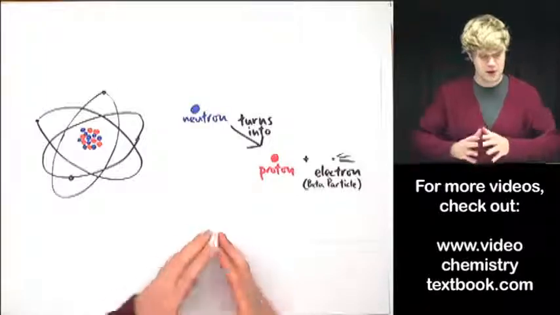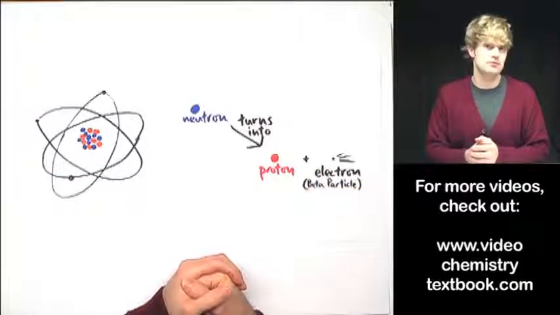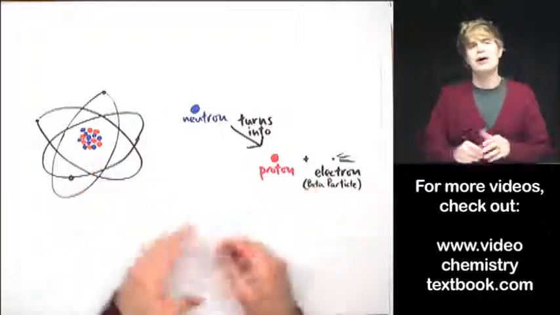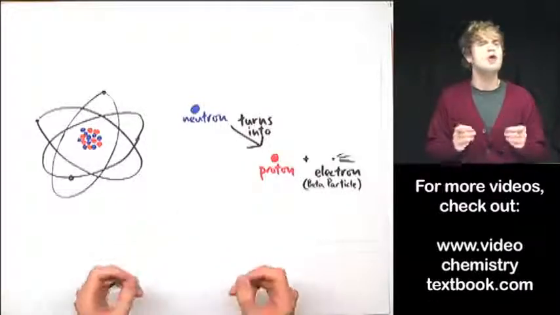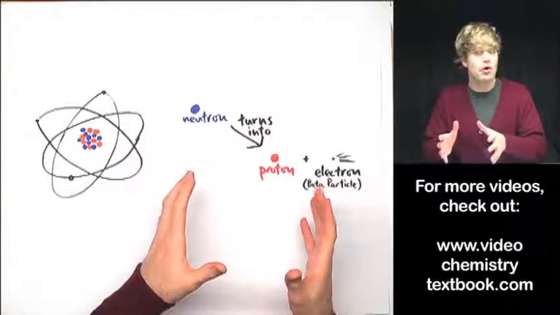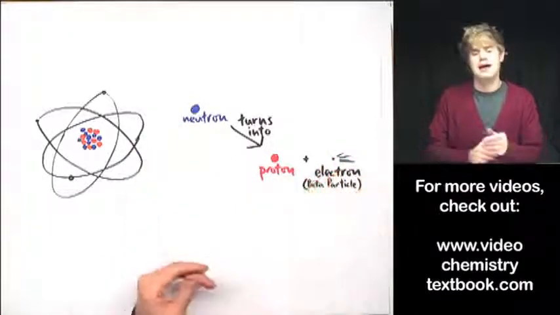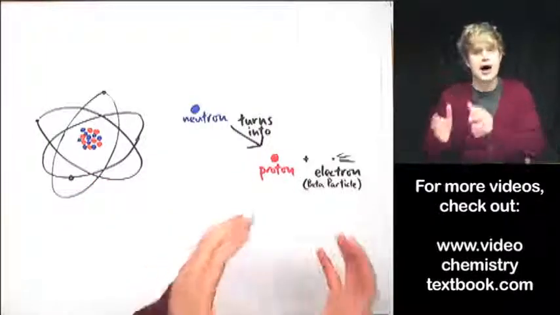Okay. So why would an atom want to do beta decay in the first place? Well, as we said earlier, atoms do radioactive decay because there is something about themselves that they don't like. They're unhappy, or we could call that unstable. An atom that wants to do beta decay has too many neutrons in its nucleus and not enough protons.